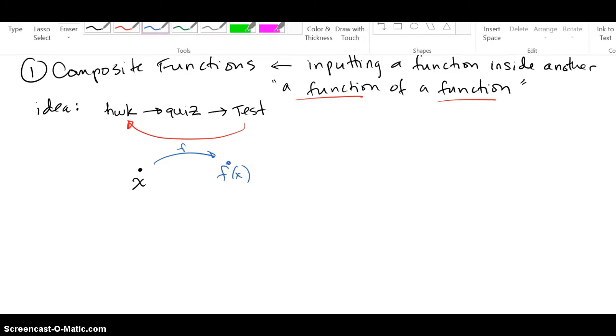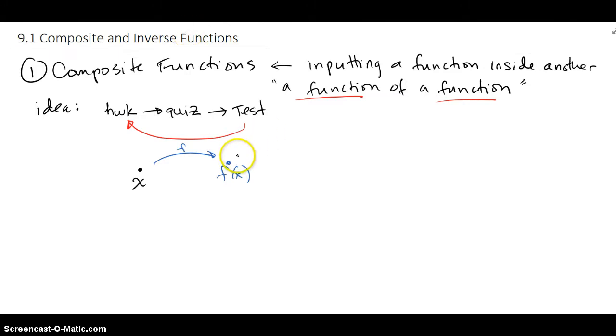Then what happens is maybe another function g comes and picks up this input, because this output now acts as a new input, and then g grabs that and spits it out somewhere else. So you start with an x that gets grabbed by one guy, whatever output comes out gets grabbed by another guy, and you end up with a function composition.